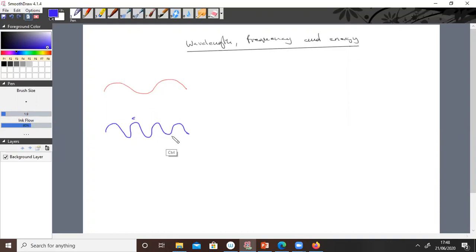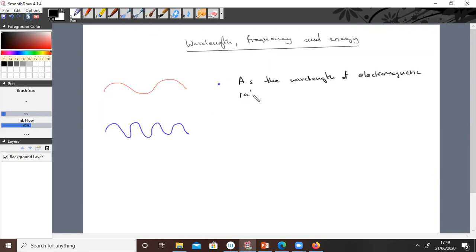So what we can say here, in black, we write: as the wavelength of electromagnetic radiation increases. Remember, light is part of the electromagnetic radiation family.